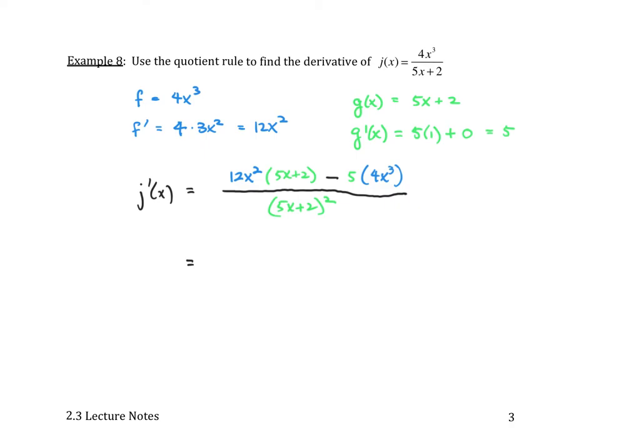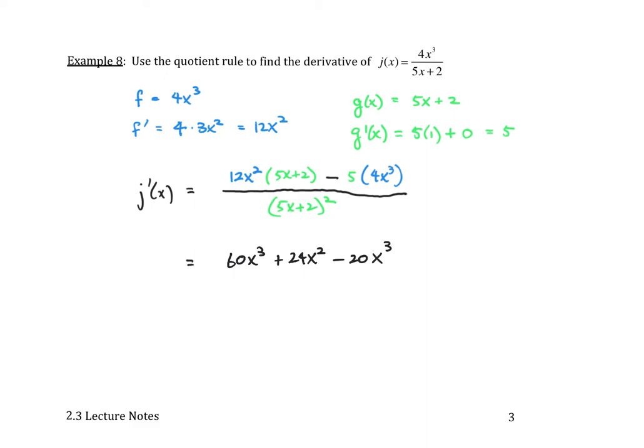So instead, we need to distribute. So let's distribute the numerator. 12x squared times 5x is going to be 60x cubed. And then 12x squared times 2 is going to give me 24x squared. And then when I simplify the second term, that's going to be negative 5 times 4, which gives me negative 20x cubed.